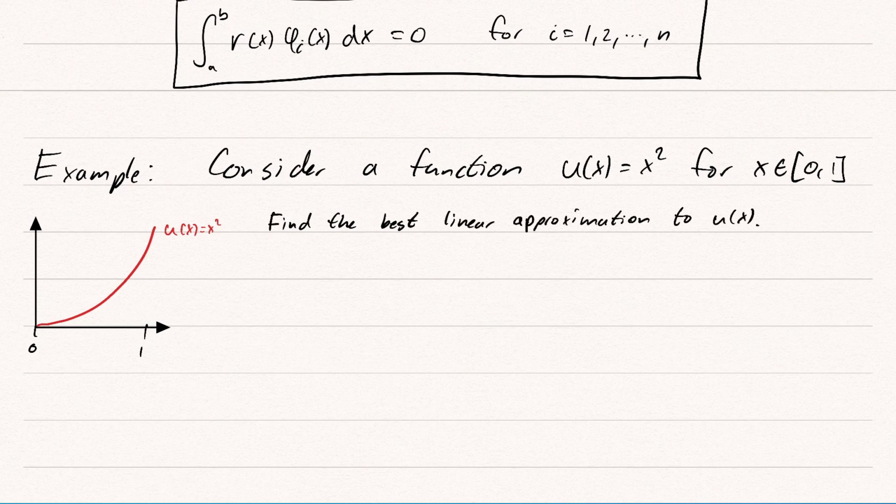That means that we are going to find a linear function that perhaps looks something like this. So this thing is capital U of x. And of course we are looking for the beginning and end point here, u1 and u2.